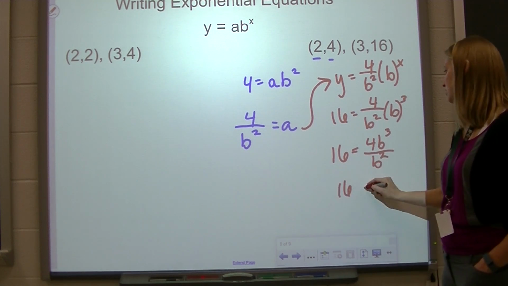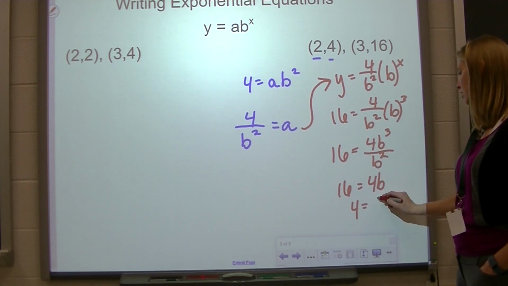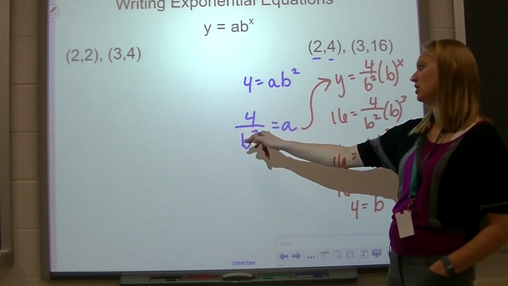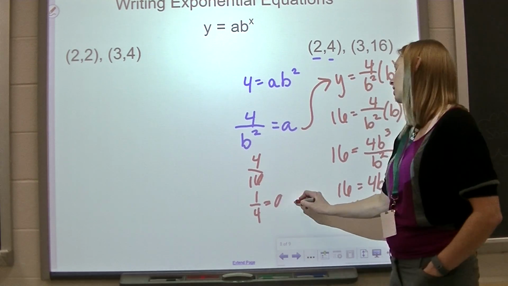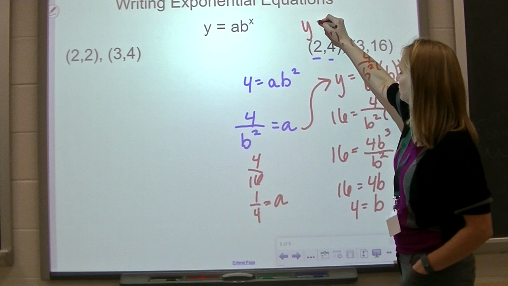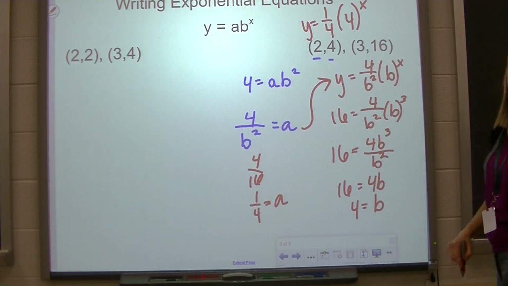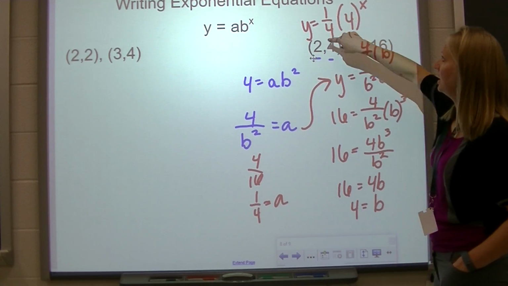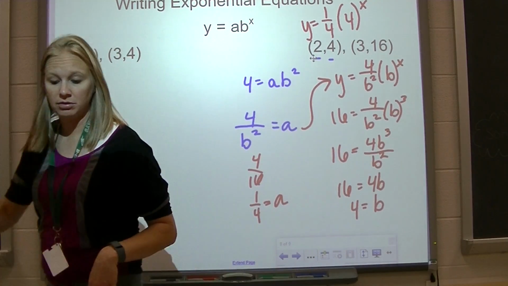So that cancels out to 4b, which divided by 4, we get 4 is b. Then we can plug that in here and we'll get 4/16, which is 1/4 for a. So our equation is going to be y equals 1/4 times 4 to the power of x. Yes, these are 2 points that fall on this line, but there are more than just those 2 points. That's why we have to continue to use y and x in the equation.